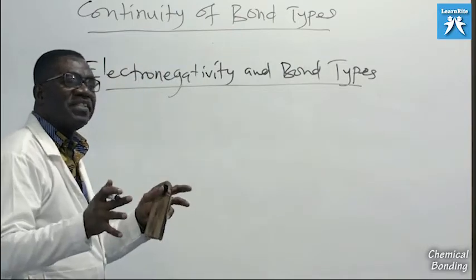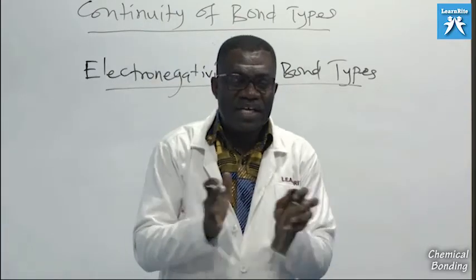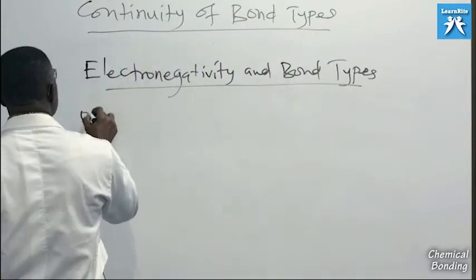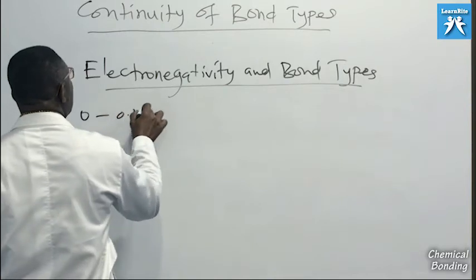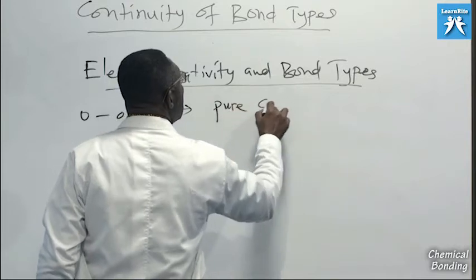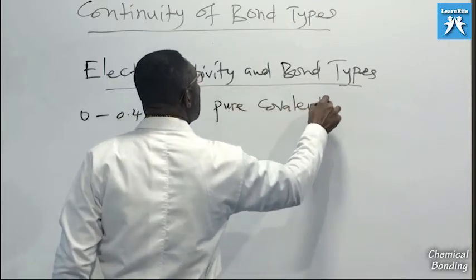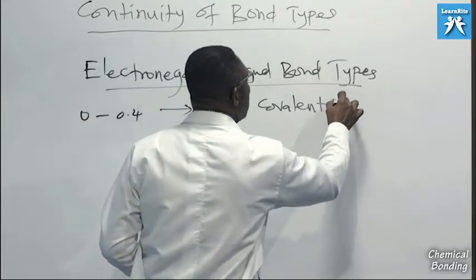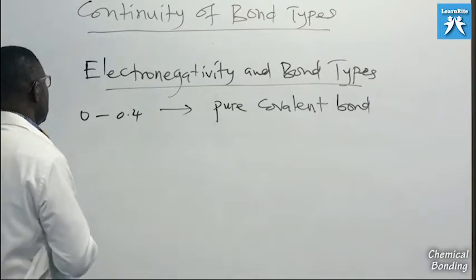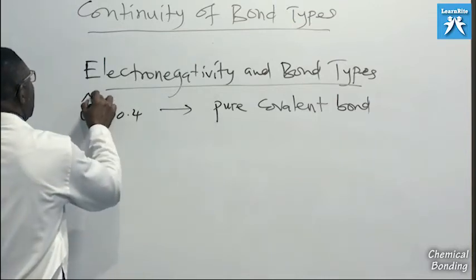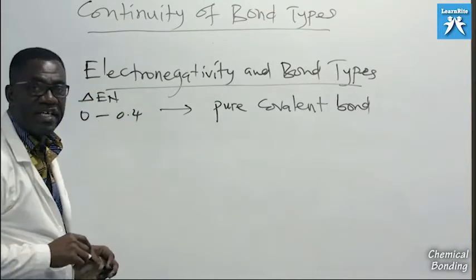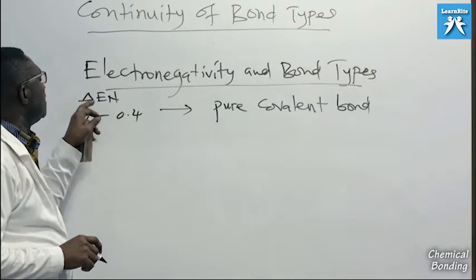If the difference in electronegativity between two atoms that are trying to form a bond is very small, say from 0 to about 0.4, it will determine that they form a pure covalent compound, pure covalent bond. I call this figure here change in electronegativity, so delta EN. Electronegativity is represented by EN.